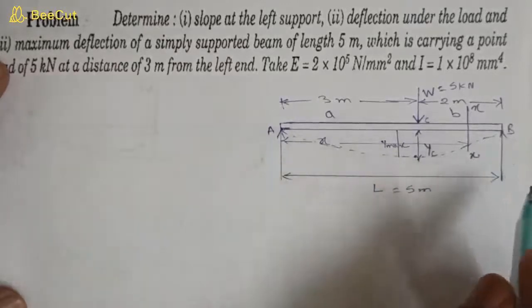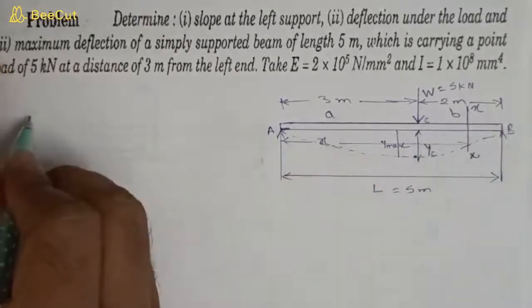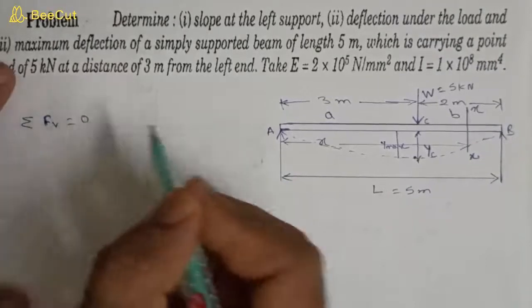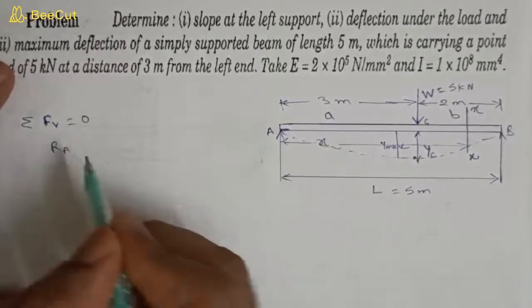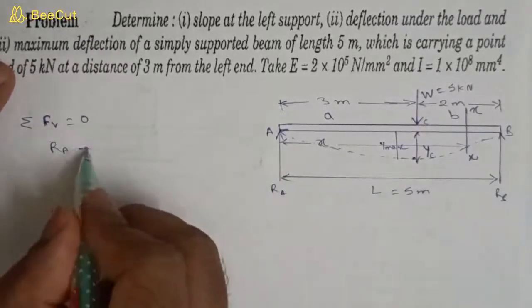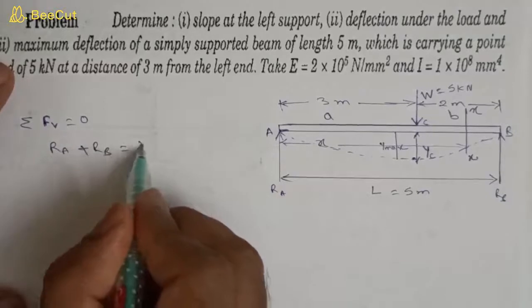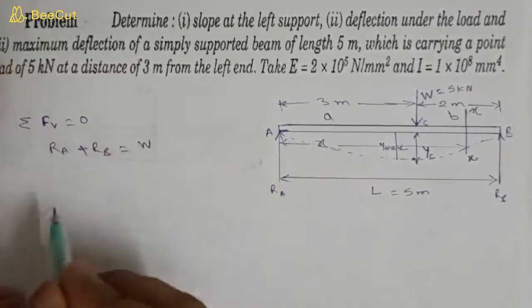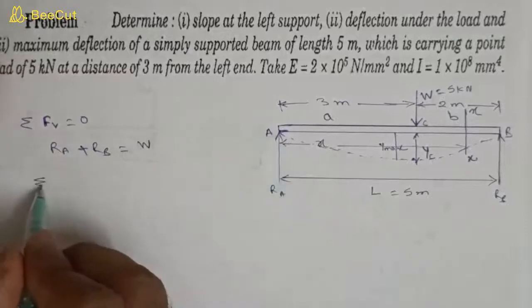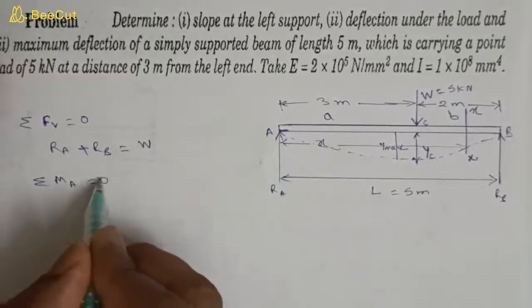First of all, we have to find the reaction forces. So sum of all the vertical forces should be 0. So RA, this is RA, this is RB, reactions. RA plus RB is equal to W. Okay, now we will take moment about A is equal to 0. Sum of all the moments about A is equal to 0.